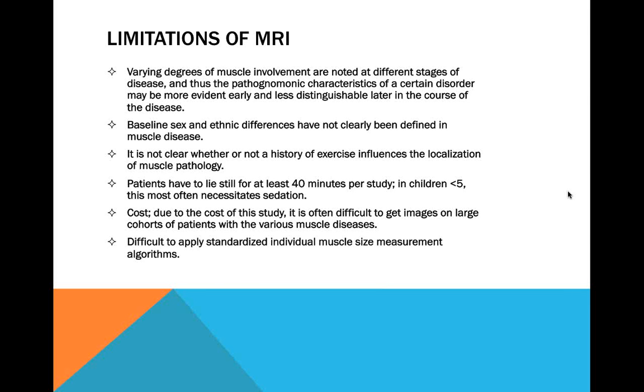And it's also difficult to apply standardized individual muscle measurement algorithms, meaning that when you are trying to look at the muscle on the muscle MRI, you would think that there is some kind of a computer algorithm to immediately identify the muscle, measure the area of the muscle, figure out the size for you, but actually no. Most of this analysis is being done by hand with people tracing the muscle for hours and hours at a time.